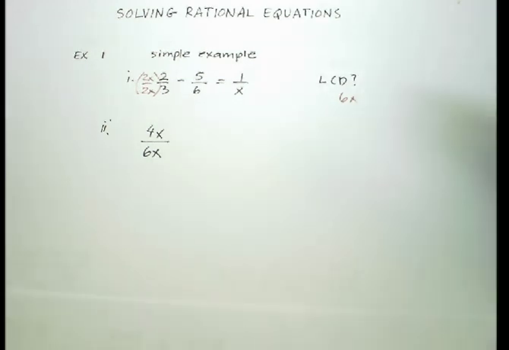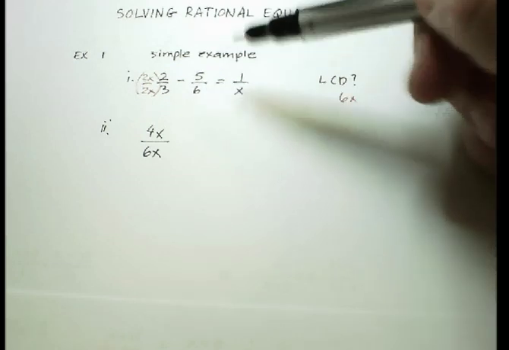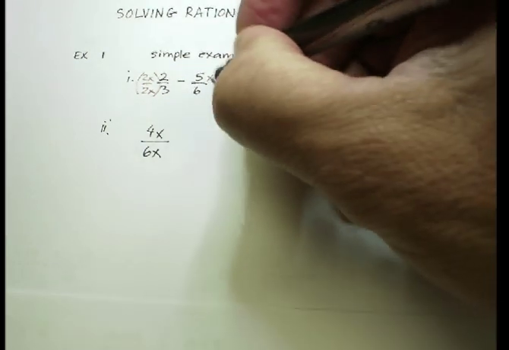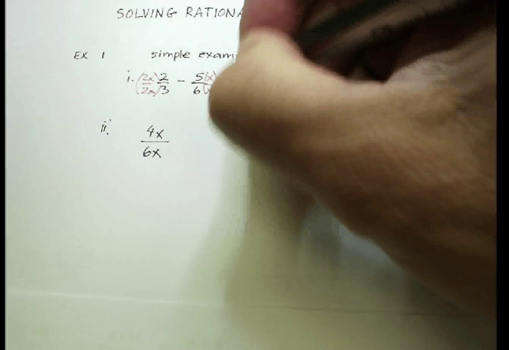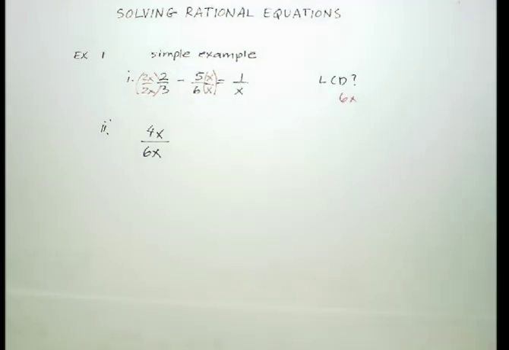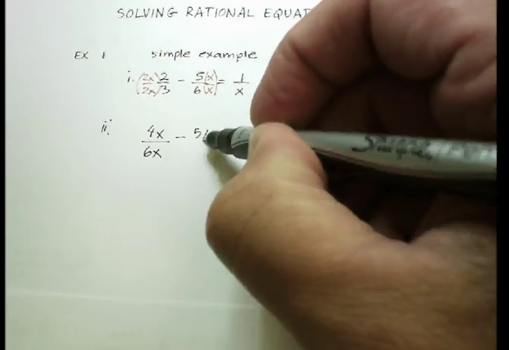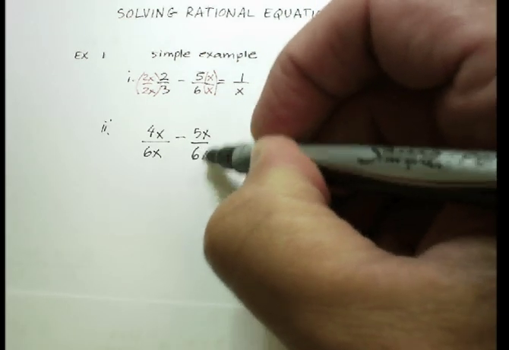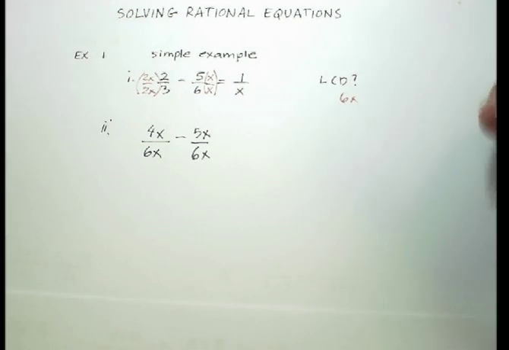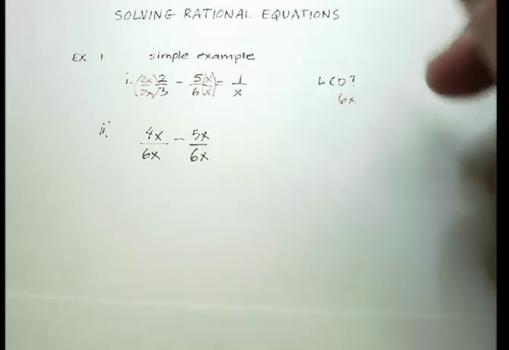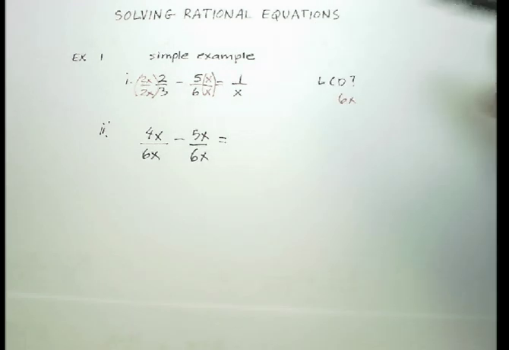Now, using that same idea, what am I going to multiply 5 over 6 by? Multiply by x over x. Again, remember, multiplying by 1 doesn't change the 5/6, but it does change the denominator, doesn't it? So now I have 5x over 6x, which is basically the same thing as 5/6. And let's do this last one.